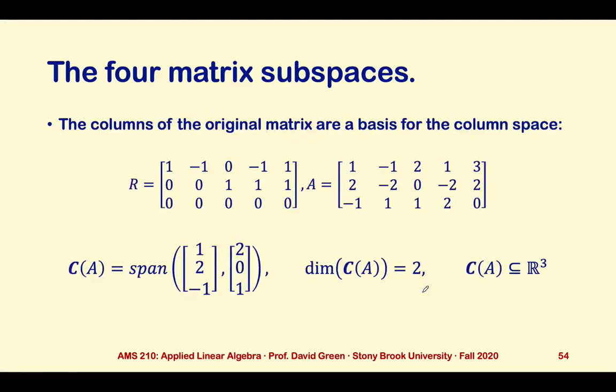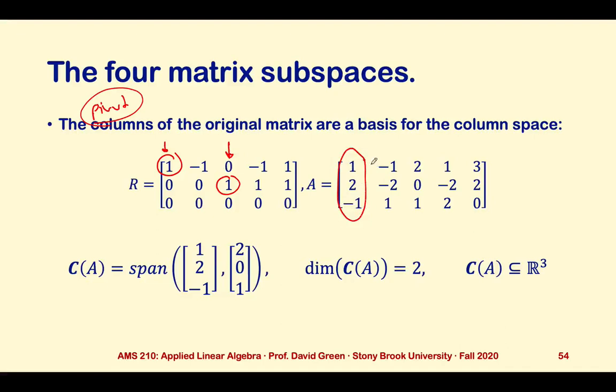Also from the reduced row echelon form and the original matrix, we can pull out a basis for the column space. The pivot columns of the original matrix are a basis for the column space. We had pivots in positions, columns 1 and 3.